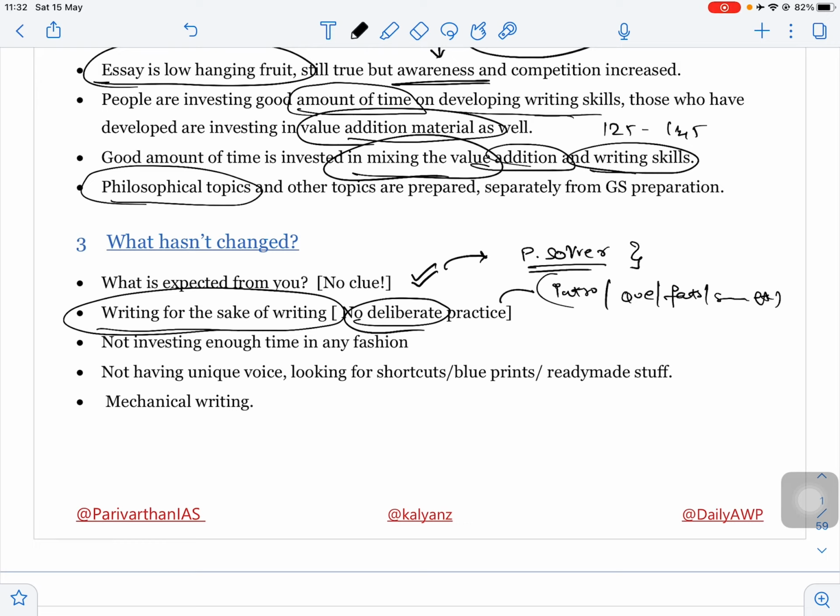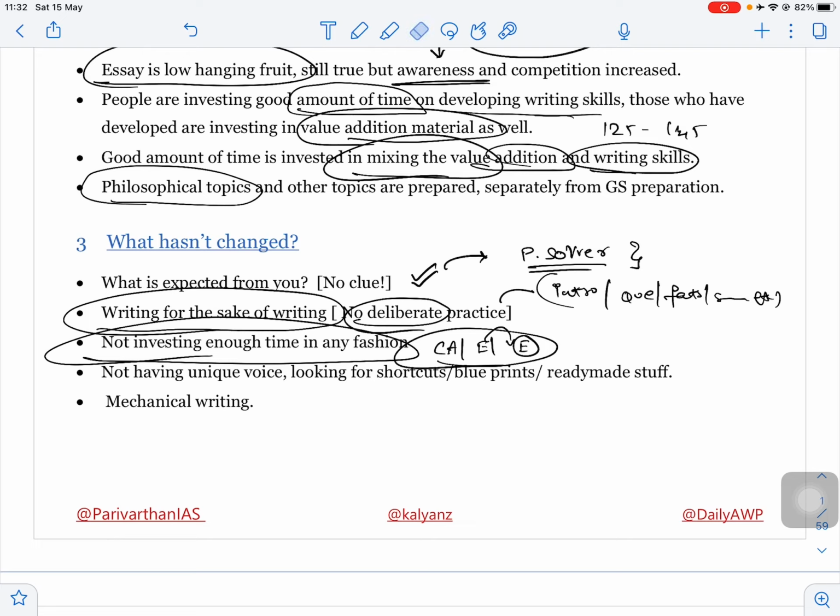If it happens by accident, it's fine, but at the end of the day you don't have a target. Next, not investing time in collecting the material, converting the material for essay's sake, or using it in the practice essays. So laziness has crept into many aspirants, they just write for the sake of writing, and that is not going to cut the ice.